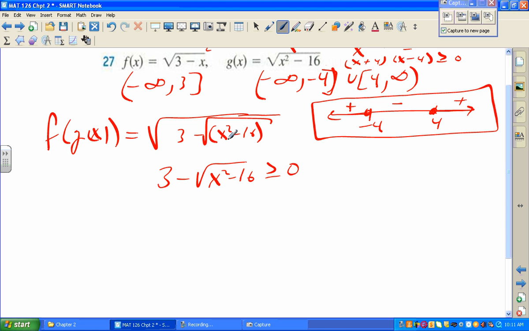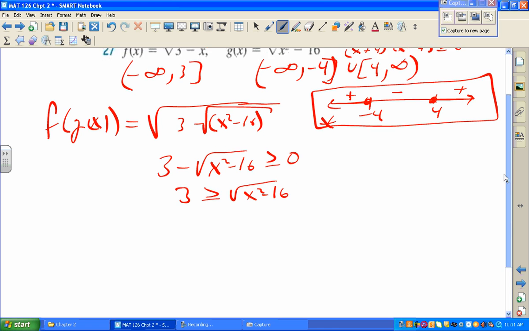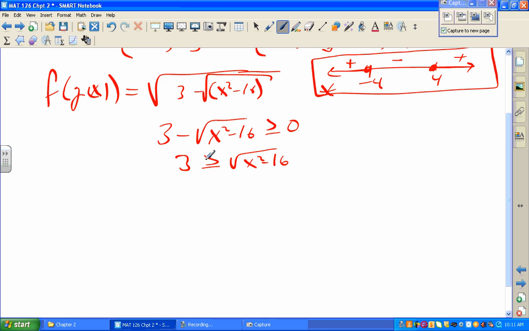Like you can't come out with 100 inside of here and then take 3 minus 10. So you have this as part of your answer you have to deal with, and now you have to figure out what this means. 3 greater than or equal to the square root of x squared minus 16. I don't know. Square both sides. 0 greater than x squared minus 25.